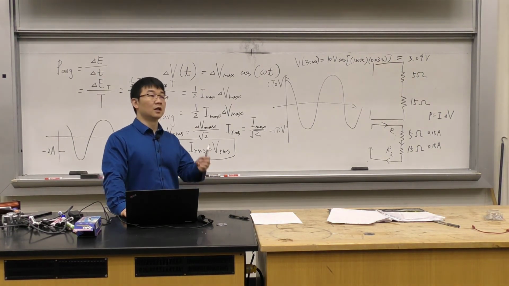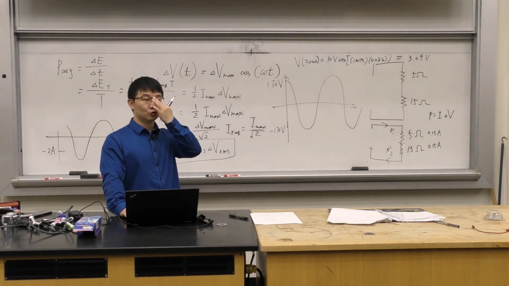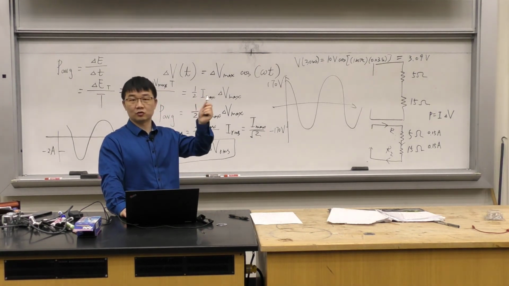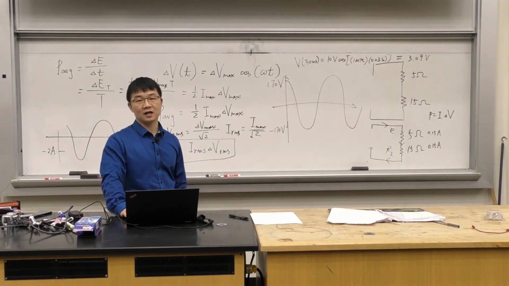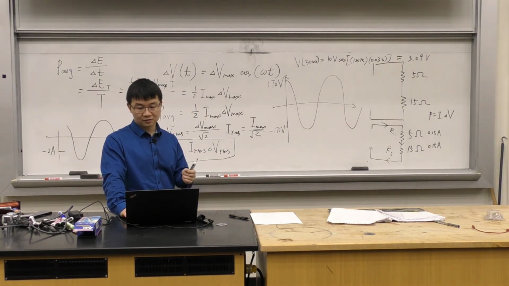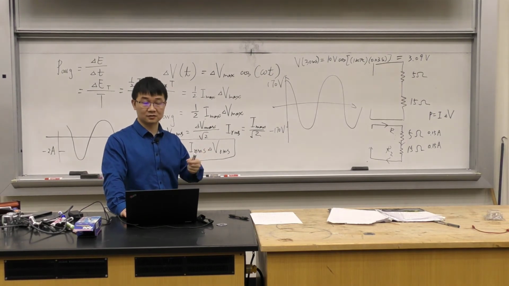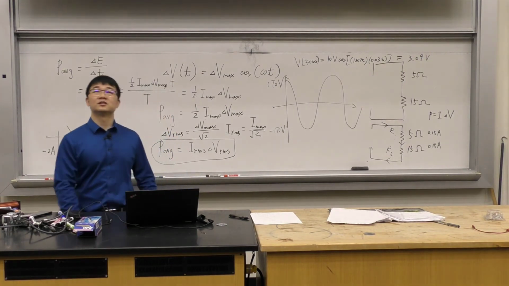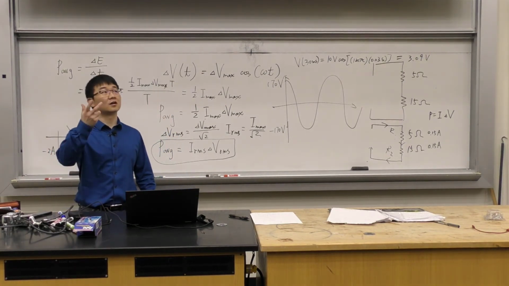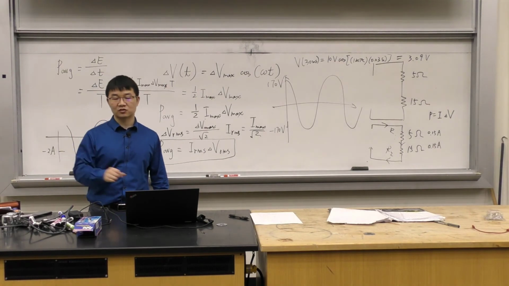So that means, for example, the lights in the room, right? The current is changing all the time, but it changes really fast. It's changing direction 60 times in a second. So it's going to oscillate like 60 times in 1 second. That's too fast for our eyes. That's why we don't really see that they're changing. We see it's like constant brightness, but actually it is changing.